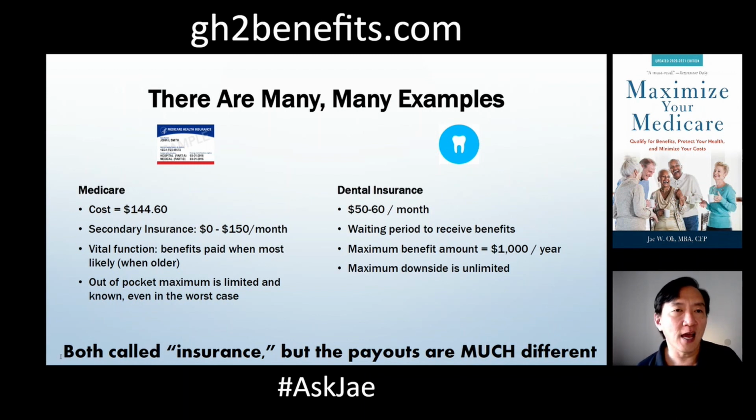Which also means that if you have a $500,000 dental problem, your benefit is limited to $1,000 a year, so your maximum downside is limited. In other words, they both say insurance, but the payouts and the costs are much different.